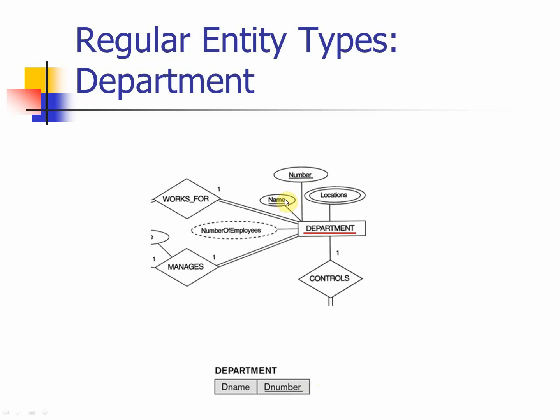Now let's take a look at the rest of it. First of all, locations is a multi-value attribute. So it's not a simple attribute that I can pick up, and therefore I'm not going to touch it. There is one special step to handle any multi-value attributes. As I mentioned in the earlier slide, the derived attribute is something that we don't want to include because that is a function corresponding to a query database language.